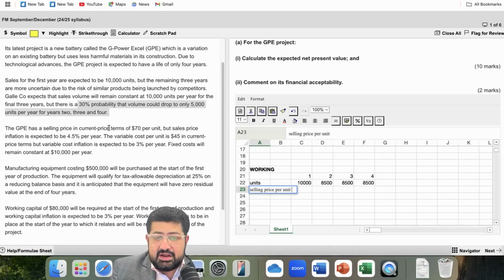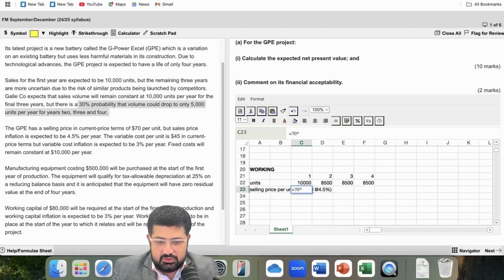So in current price terms, if we have to inflate it at the rate of 4.5%, you see here 70 into 1.045 raised to power 1.